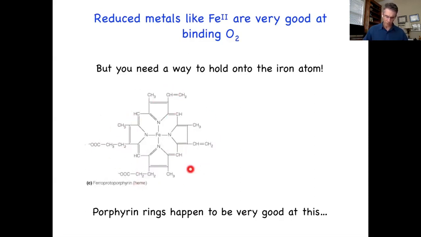This tetrapyrrole structure positions these nitrogen groups at the perfect distance and orientation in what's essentially a planar configuration of those nitrogens and their non-bonded pair of electrons for a perfect coordination shell for metal atoms like iron and copper and manganese, a few others, right?